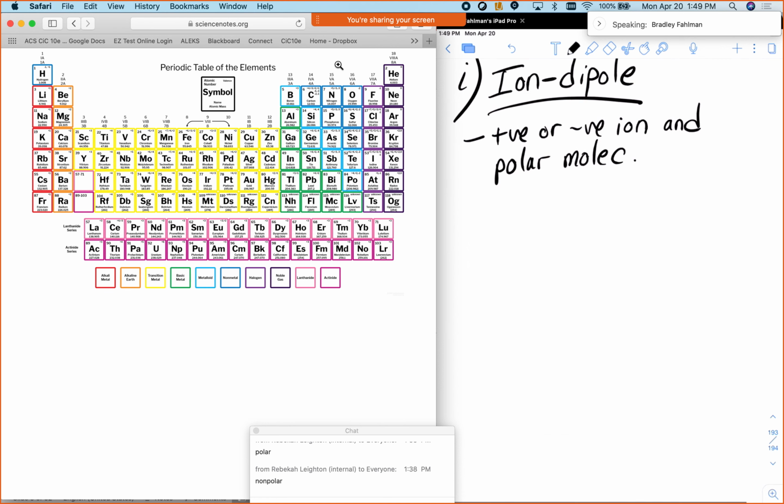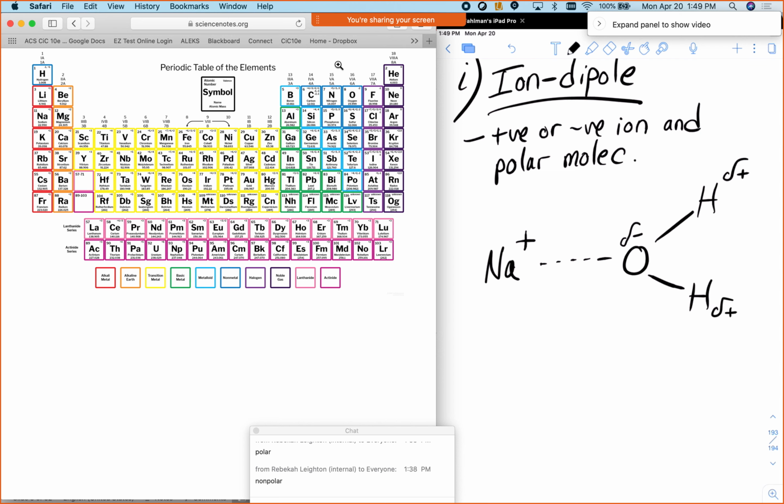An example of that would be, let's say, sodium plus that is attracted to water. So this end of the molecule, oxygen is more electronegative, so it's going to have a delta negative charge. In water, the positive ends are that.